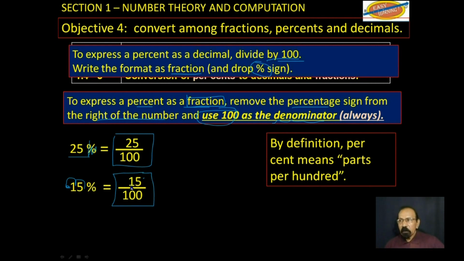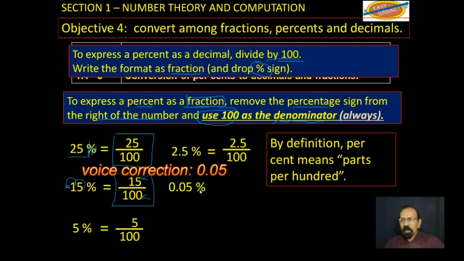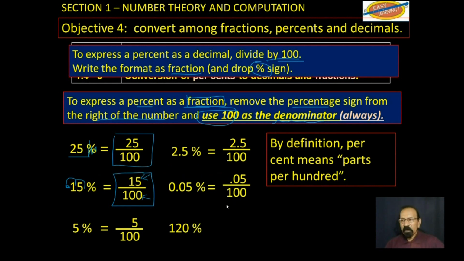You have a numerator and a denominator. Leave it as a fraction format. 5%, 5 over 100. 2.5%, 2.5 over 100. 0.5%, 0.5 over 100. 120%, 120 over 100.